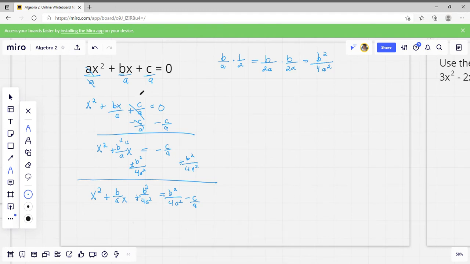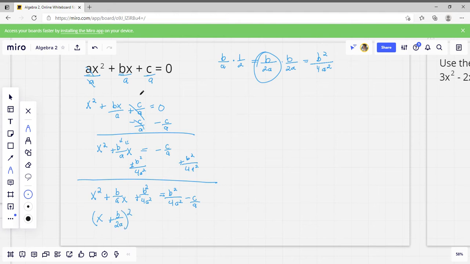All right, the next thing we need to do, we write the term in parentheses as a squared term. If we had x squared and we're trying to get this, that means we're going to use this one, right? So x plus b over 2a, squared.